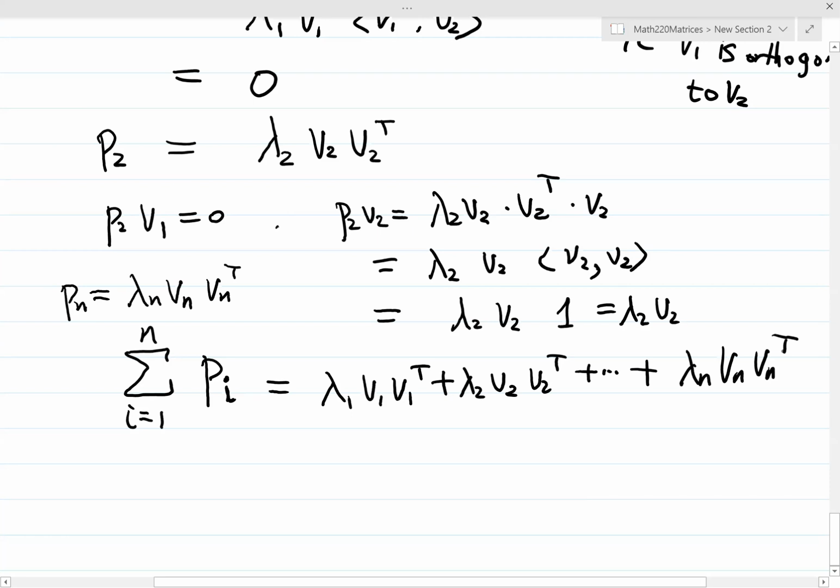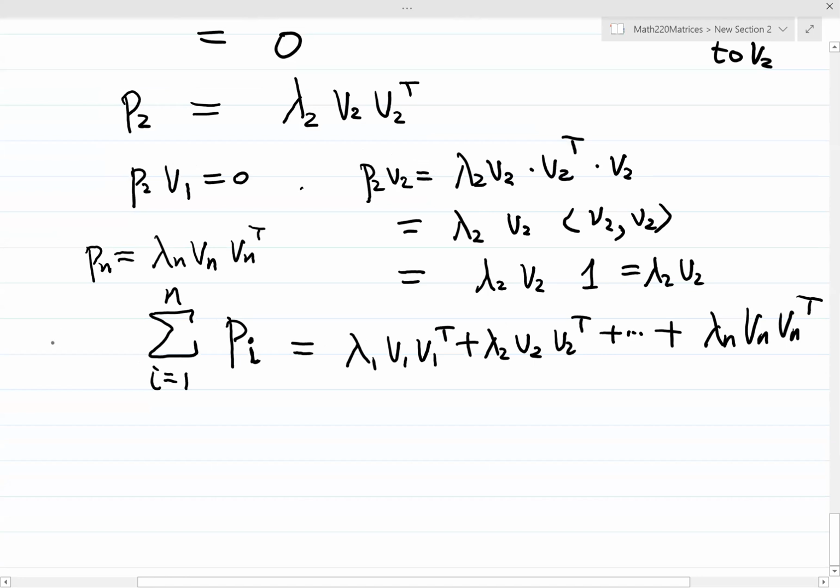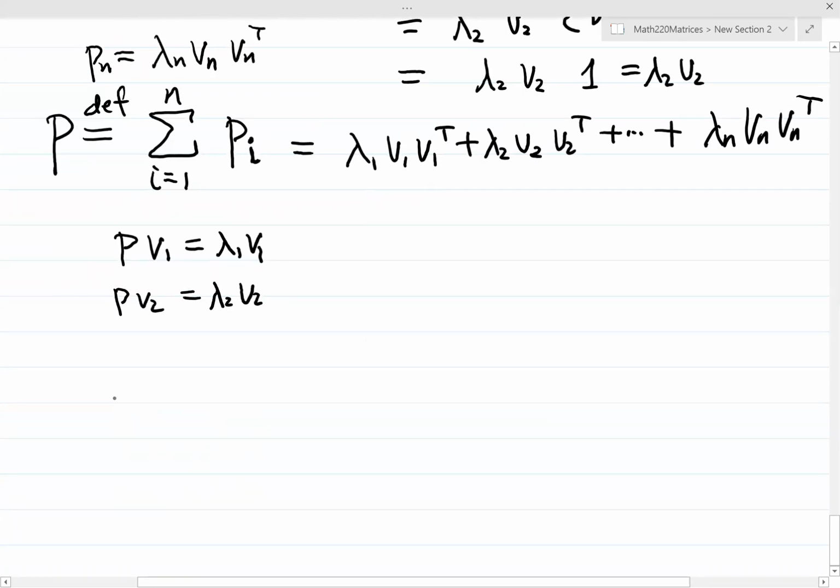Let's define this sum to be P. Now you see P V1 is lambda 1 V1, P V2 is lambda 2 V2, and P Vn is lambda n Vn.